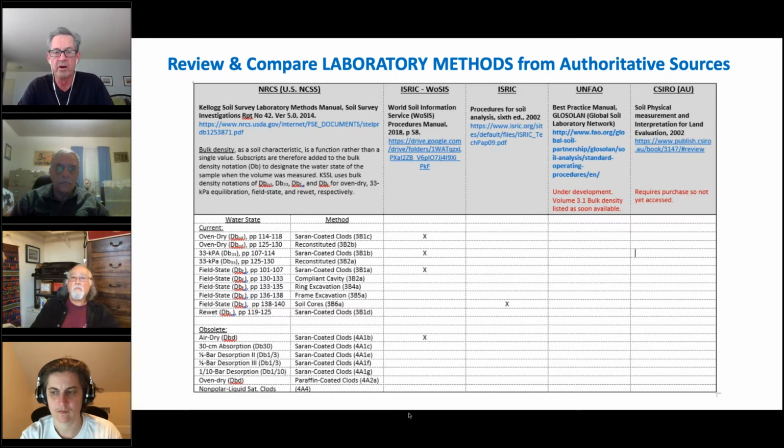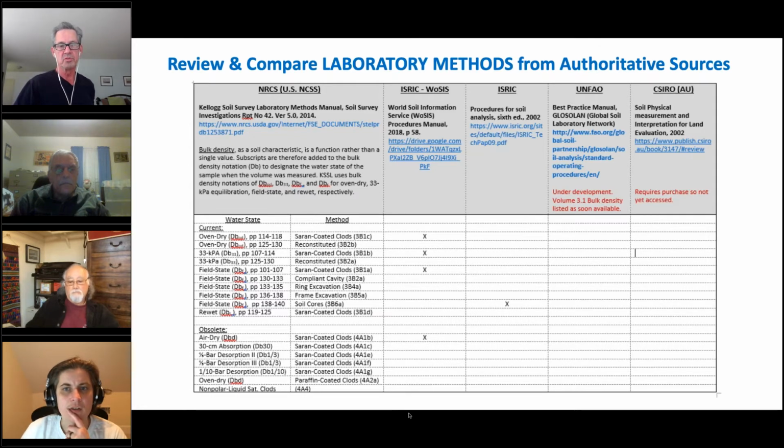I didn't get very far in that, but the X's are showing where there is some commonality, but there's more work to do here to do some cross comparison to these procedures, commonality procedures.